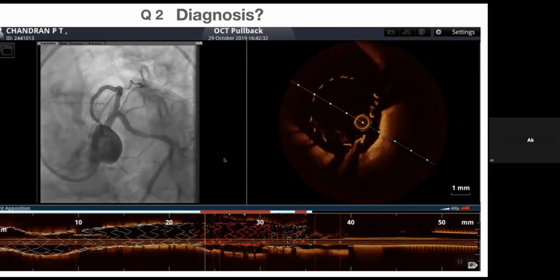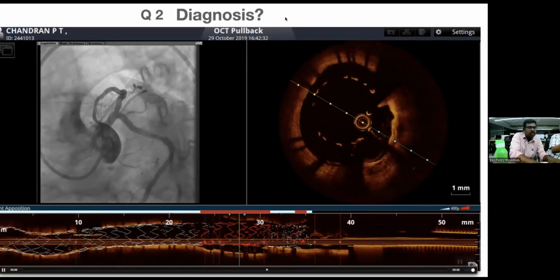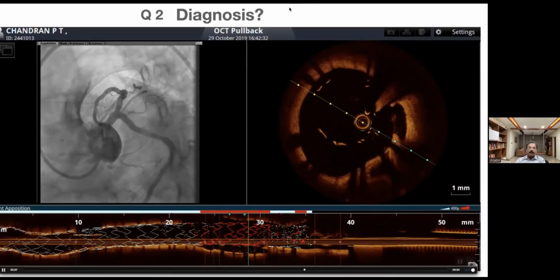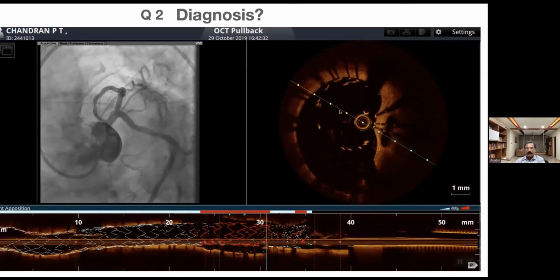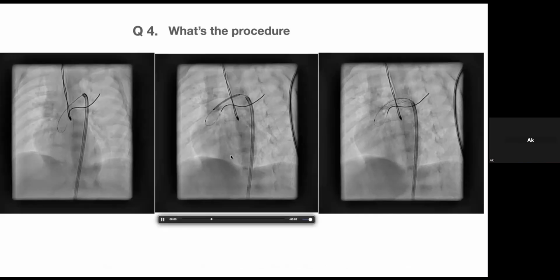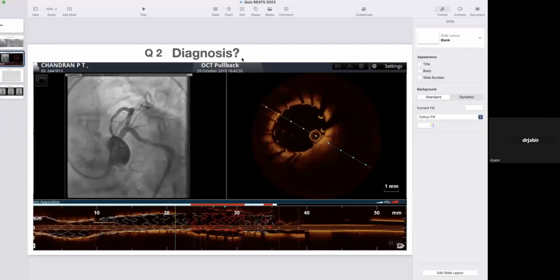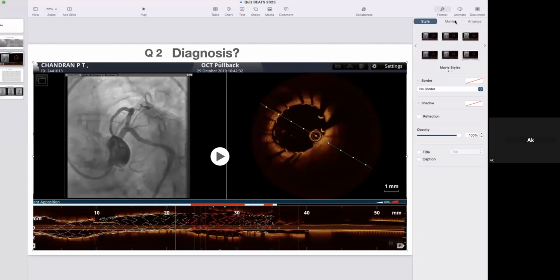Second question. Doctors, kindly respond for the second question. What is the diagnosis of this optical coherence tomography? One minute. There will be overlap.